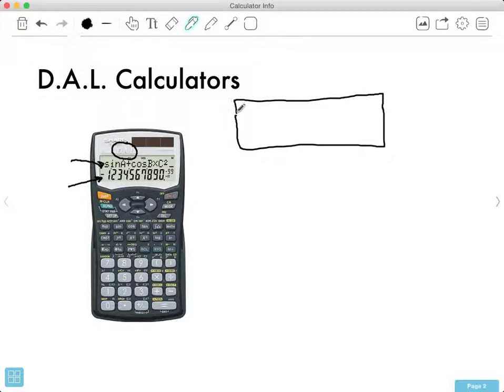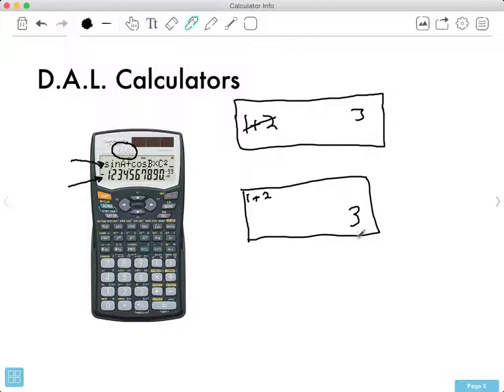if you type in 1 plus 2, it'll either show 1 plus 2, and then when you press enter or equals, that will disappear and show you the answer of 3, or like the calculator on the left, it'll stay on the screen when you press equals and show you the answer below, which is 3.